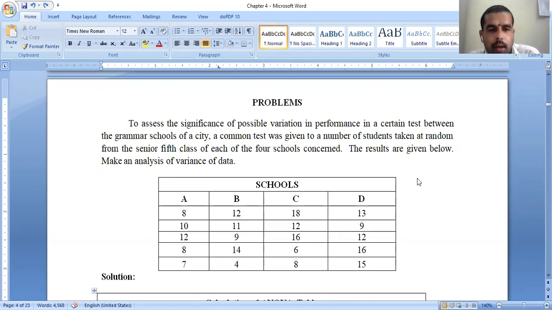Then B: 12, 11, 9, 14, 4. C: 18, 12, 16, 6, 8. Then D: 13, 9, 12, 16, 15.